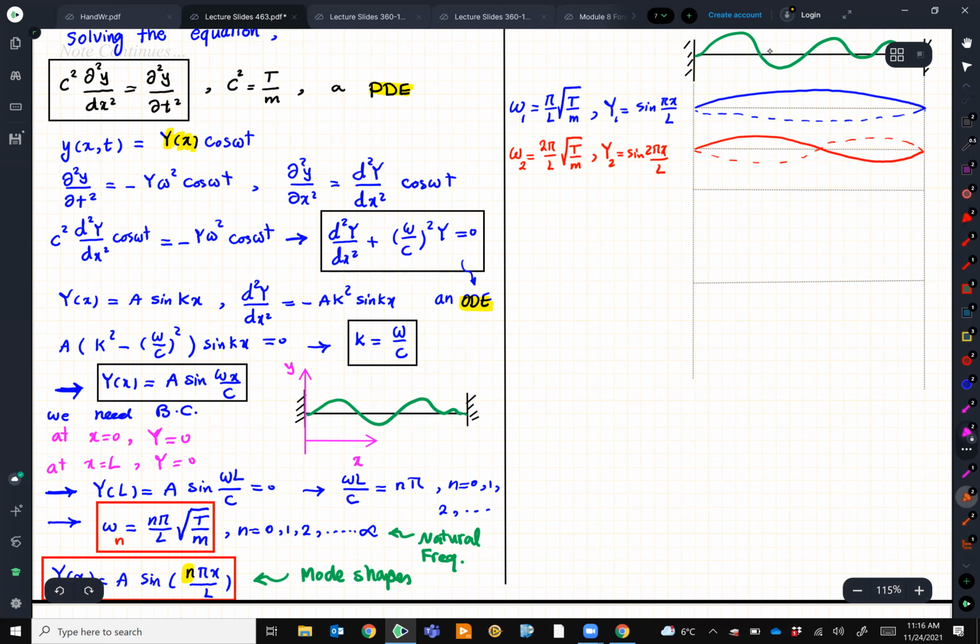And if you continue with the third mode, omega 3 is 3 pi over L square root of T over m, y3 is sine 3 pi x over L, and you know what the shape will be.